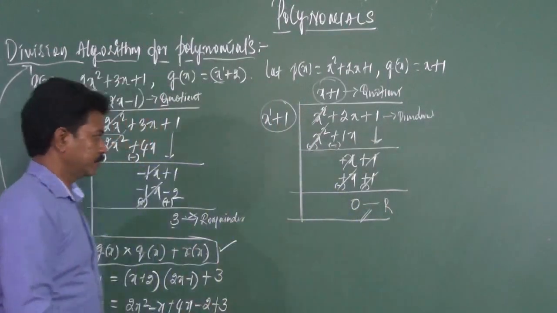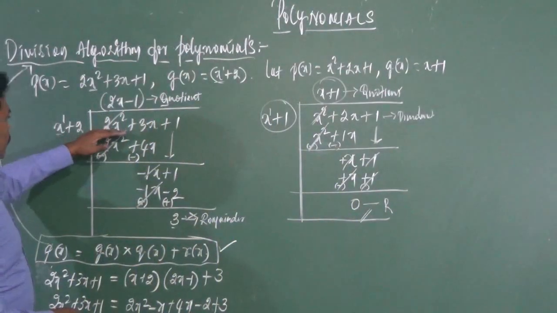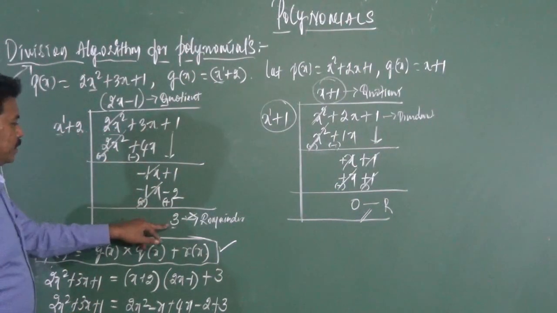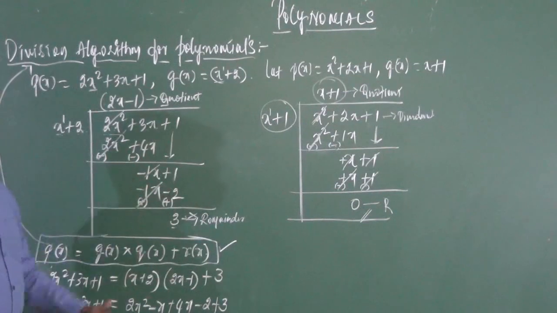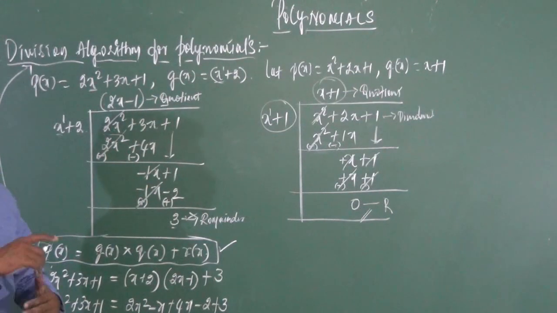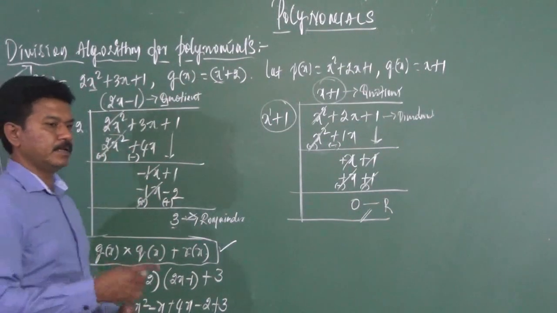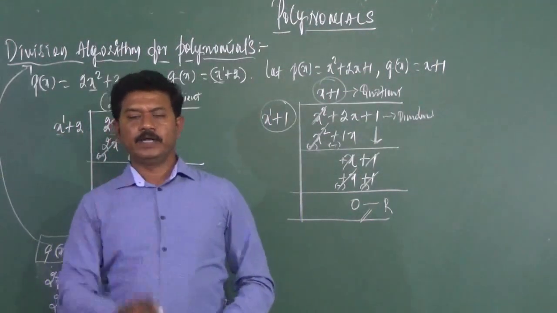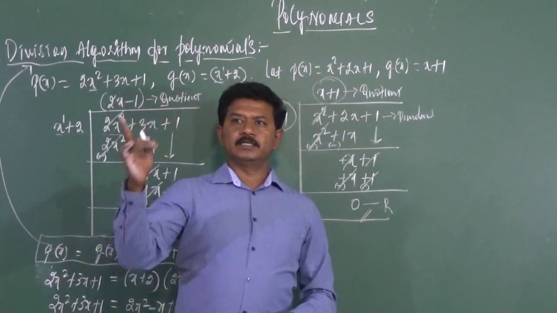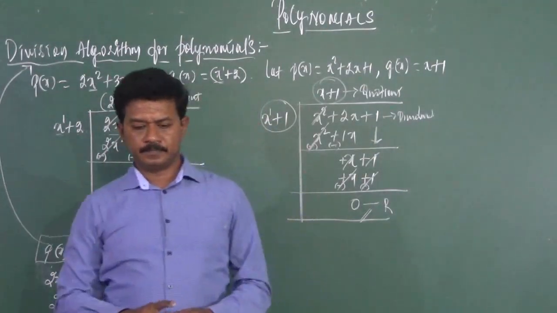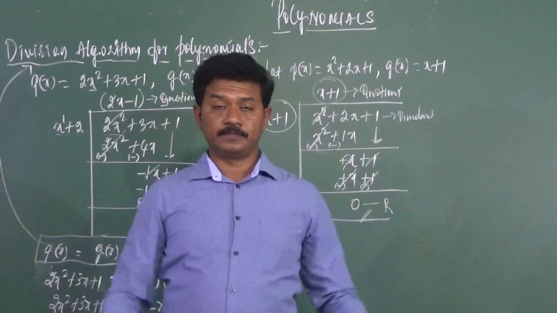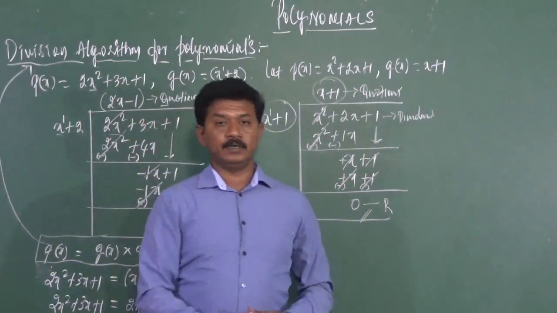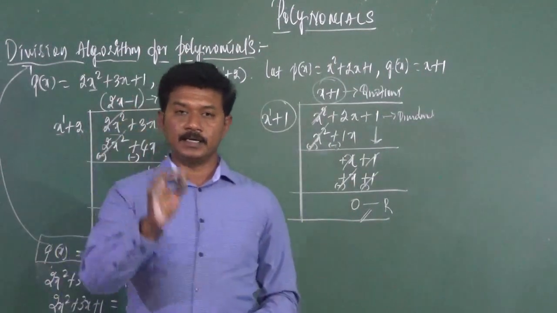When I divide this polynomial by this polynomial, I get the remainder 3, but the number of steps is large. Do we have any simple method to find the remainder when a polynomial is divided by another polynomial, without doing long division, without doing any division process? Is it possible to get the remainder directly?